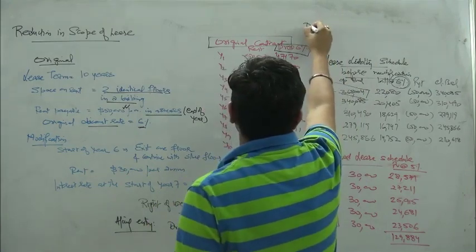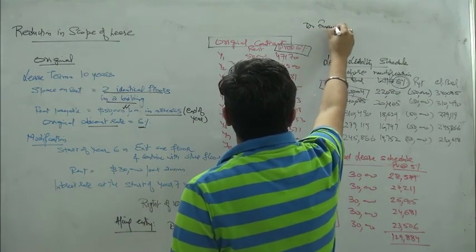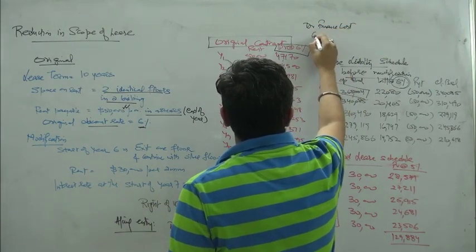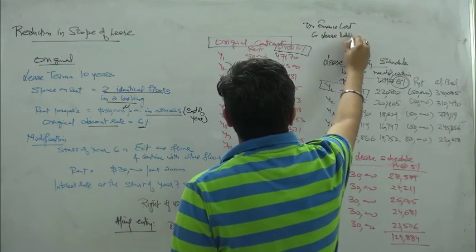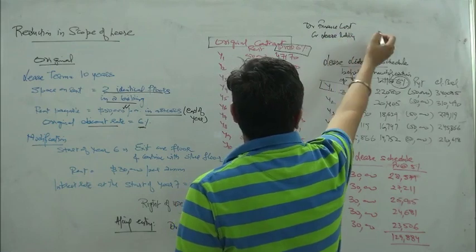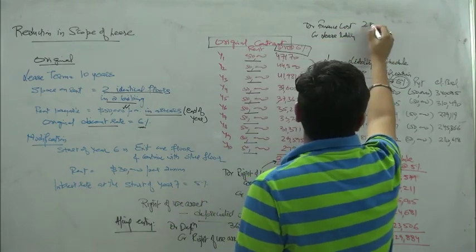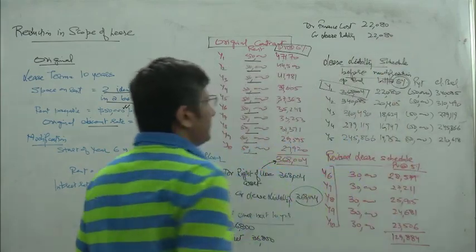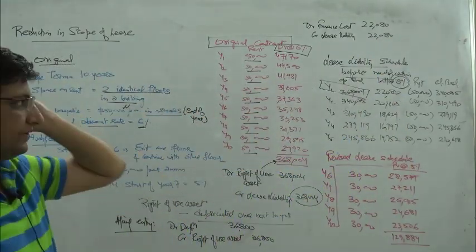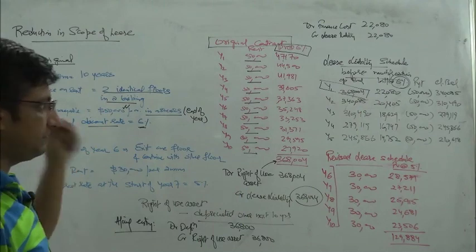So I'm saying debit finance cost, credit lease liability, 22,080, and this takes care of my accounting for the interest expense.